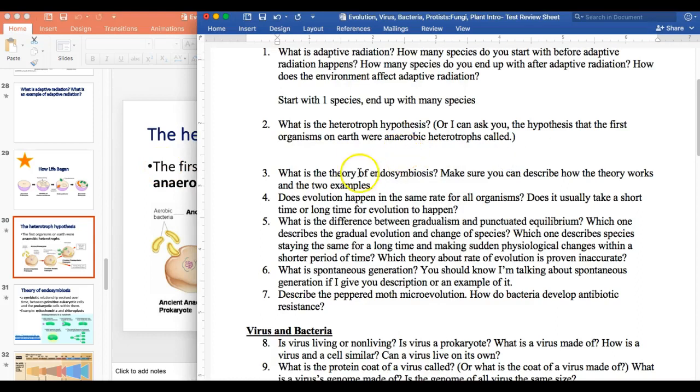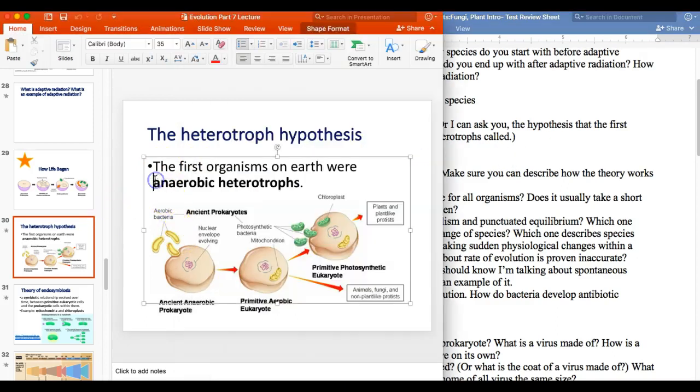I'm not going to write this down, but you should know this. The reason it's anaerobic is that at the beginning of life on Earth, there was not that much oxygen in the air, so the organisms living then had to be anaerobic. They're heterotrophs because they had not yet developed the ability to do photosynthesis.